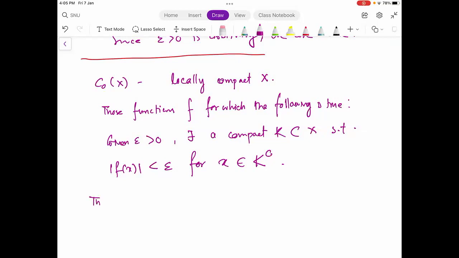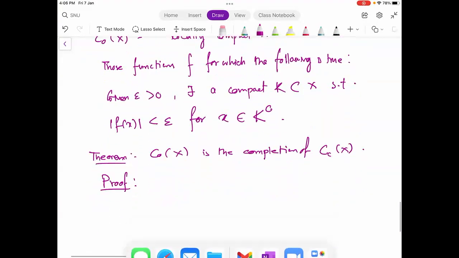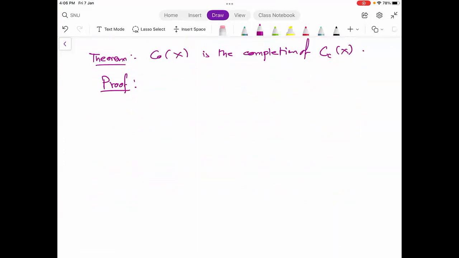Okay, the theorem is, and I'll probably hand wave a little bit here because this kind of argument we have seen so many times by now: C0 of X is the completion of Cc of X, functions with compact support. So it involves showing two things. Number one, C0 of X is complete, and number two, Cc of X is dense. That's what it means to say that C0 of X is the completion.